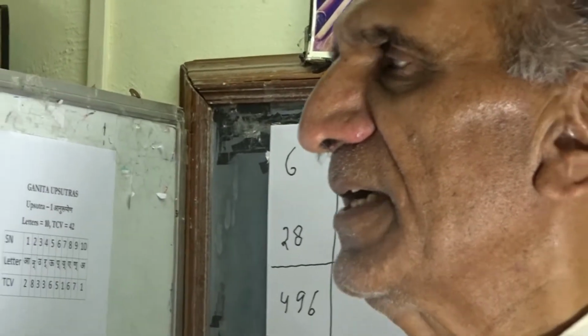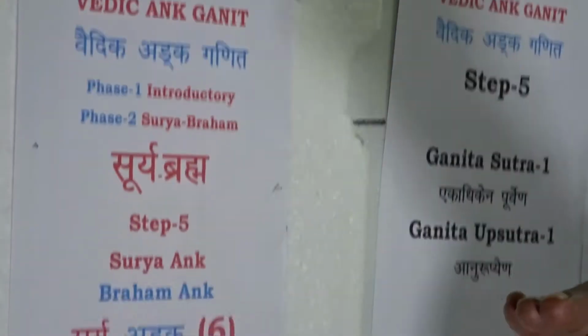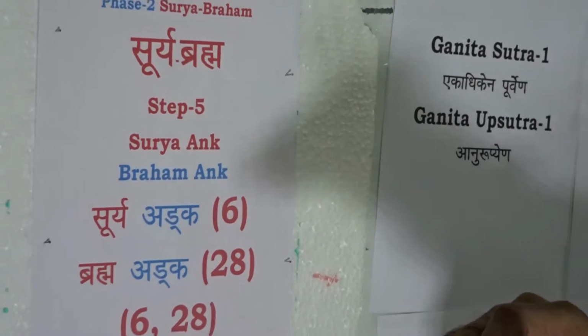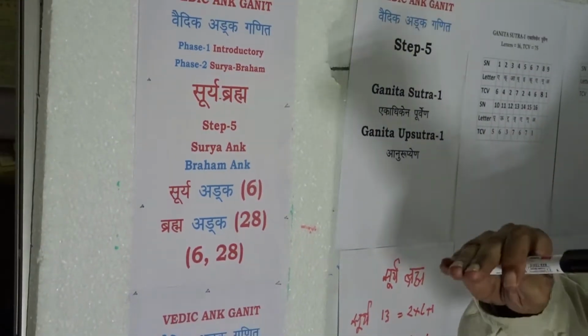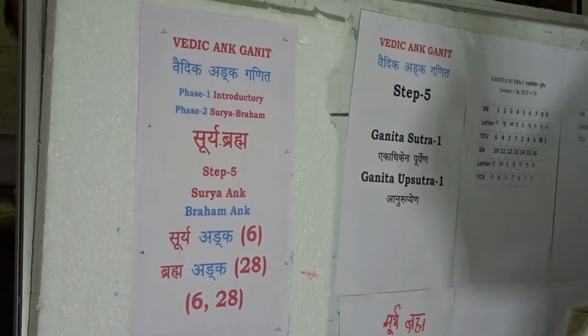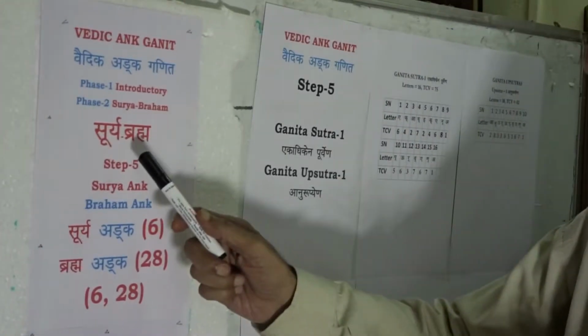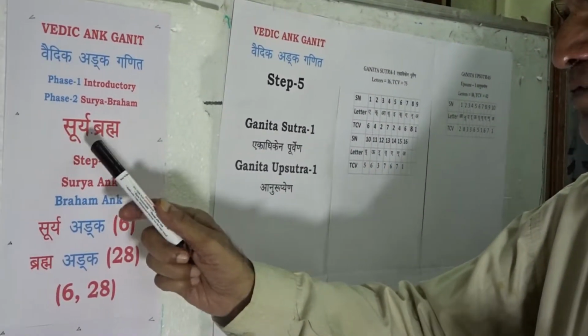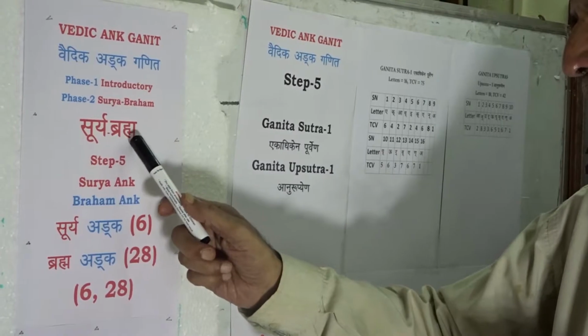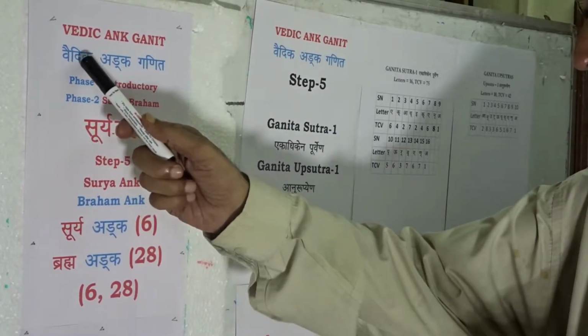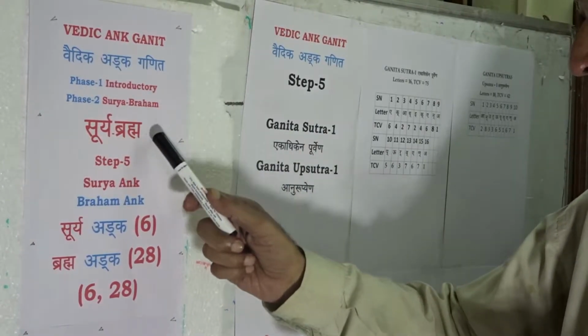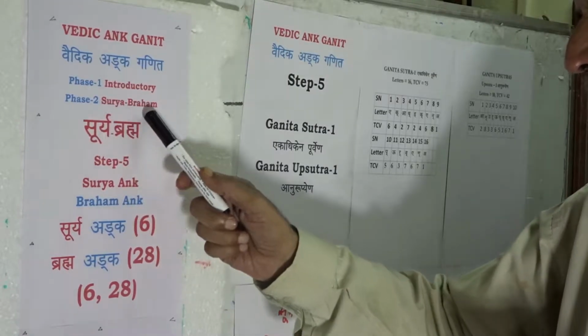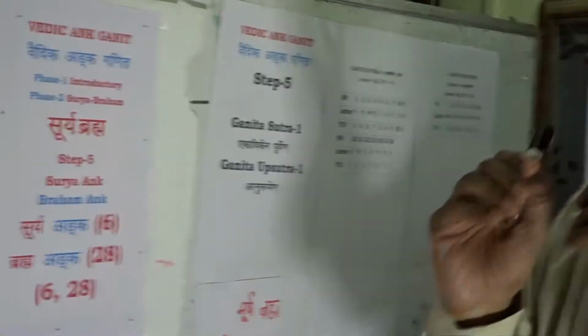Let us open a new page and let us enter that today in phase 2 as step 1, or in continuity as step 5, we are going to be face to face with the formulation Surya Brahm and then the Vedic Ganit chase of this formulation as well as this domain.